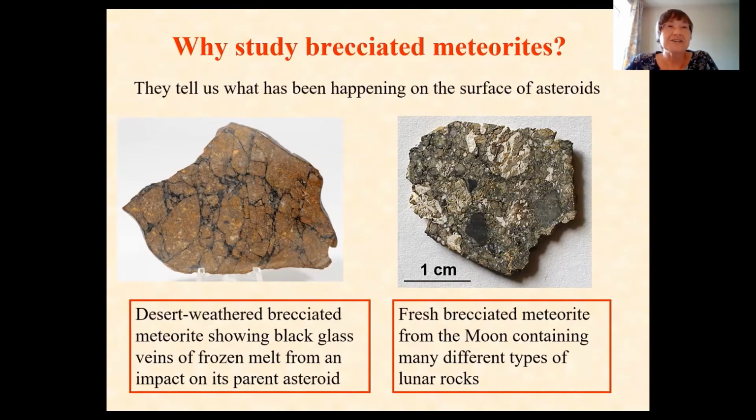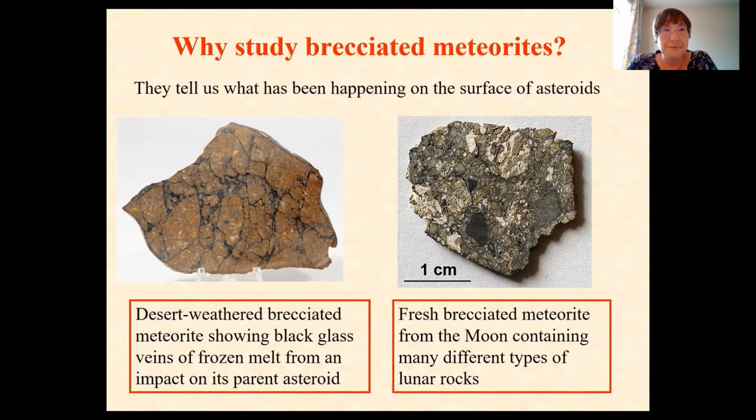They are actually the result of melting due to impact, melting of the silicate rock due to impact, and then they freeze, and this all happens on an asteroid. It's nothing to do with what happens when the meteorite arrives on Earth. So it's telling us a bit about asteroids. And now on the right-hand side, this is the only meteorite I'm going to show you that isn't from an asteroid.